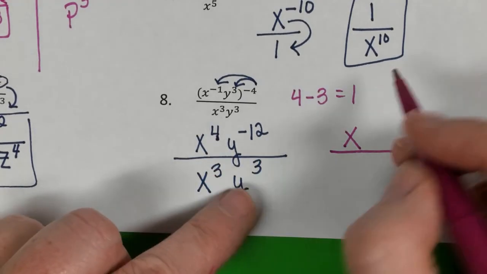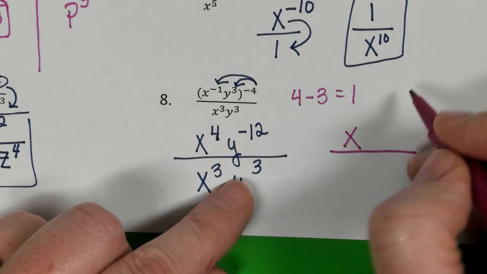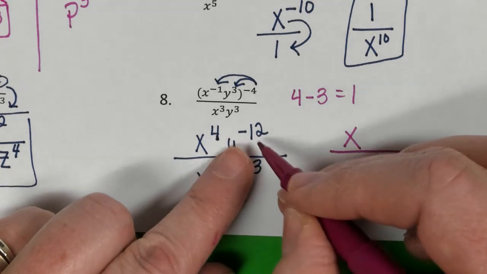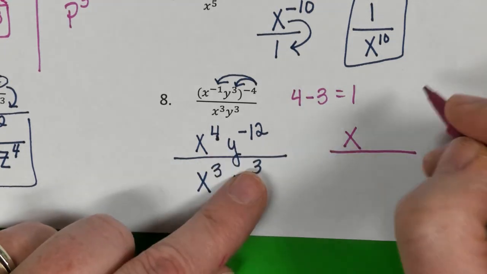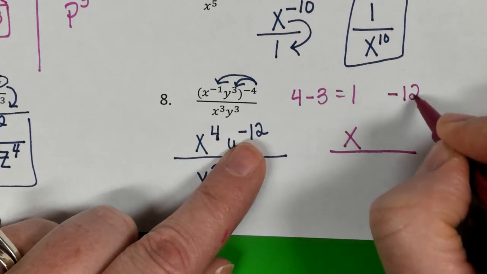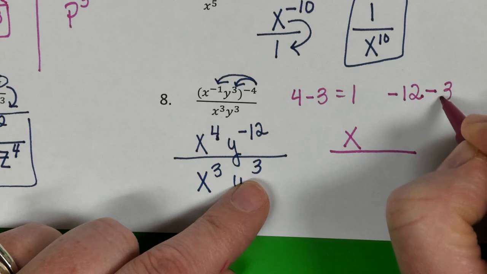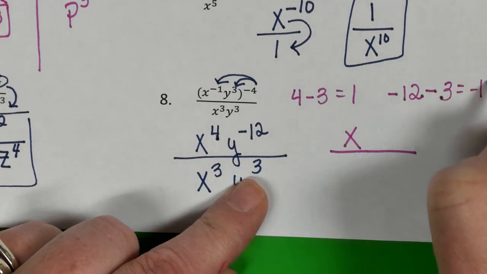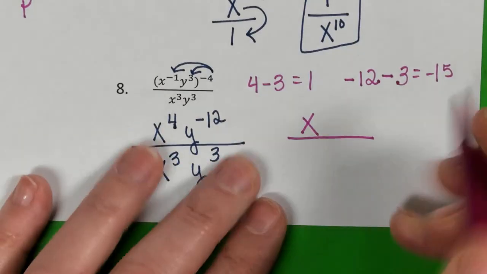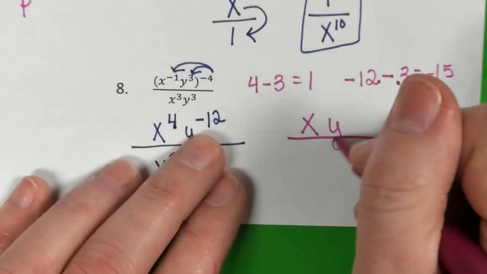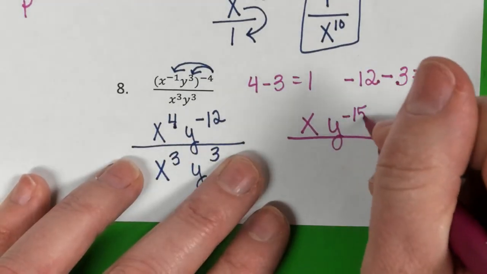Again, it doesn't matter which number you say first, whatever you say first, that's where you put it. So if I say negative 12 minus 3, that gives me negative 15, and I said negative 12 first, so it goes in the numerator.